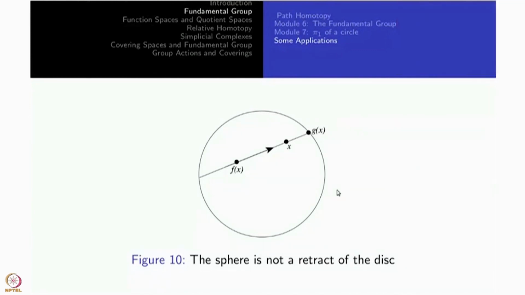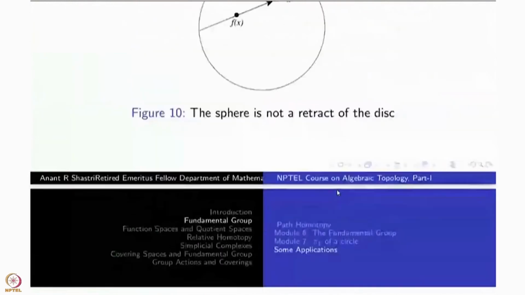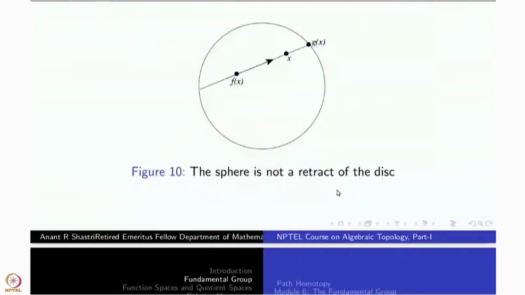So this function g is expressed in this picture by geometric means. What I want to say is that you can actually write down a formula for g in terms of x and f(x). Finally it is a function of x only, because f(x) is already a function of x. So let us see how.